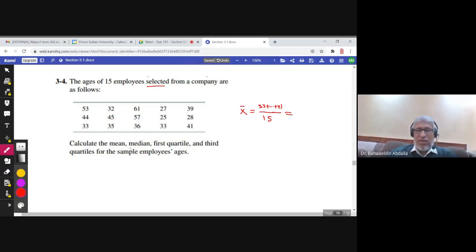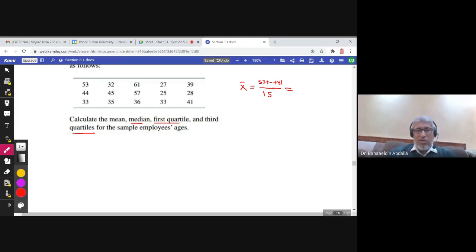Now let us concentrate on the median, first quartile, and the third quartile. To find these three measures, I need to sort the data. So I will sort the data from the smallest. I believe that the smallest is 25, okay.